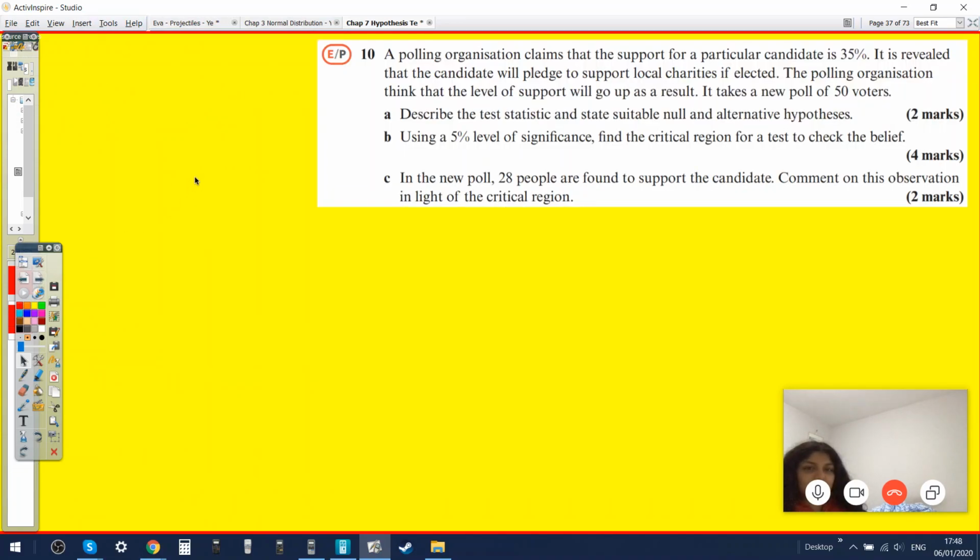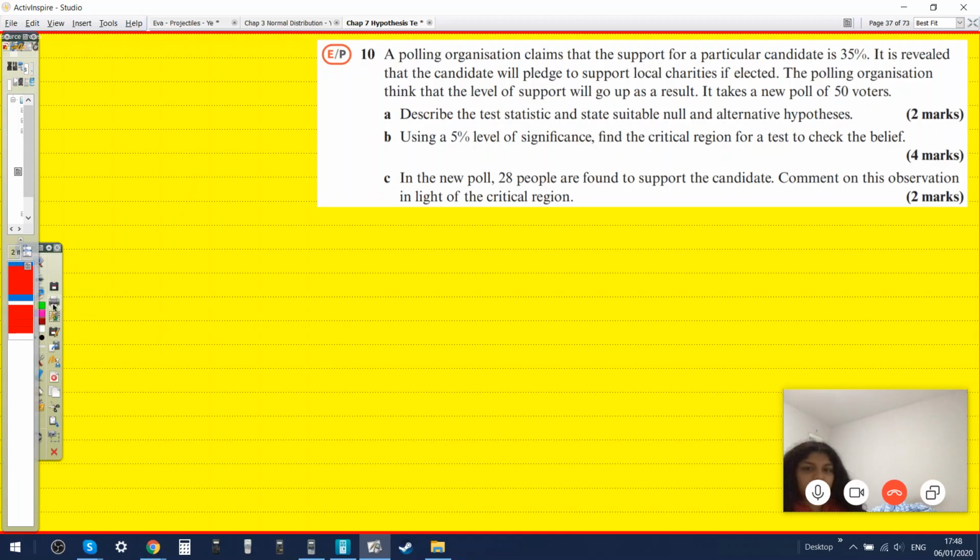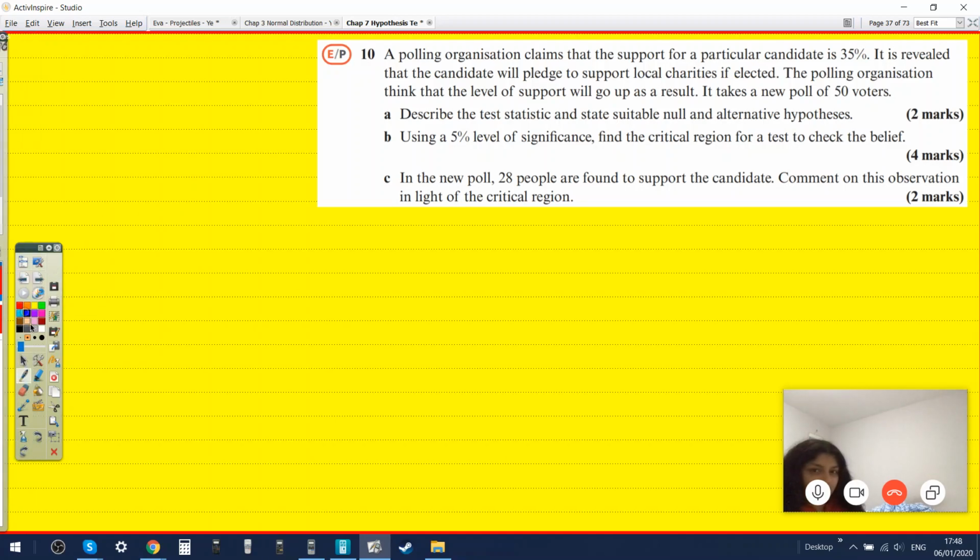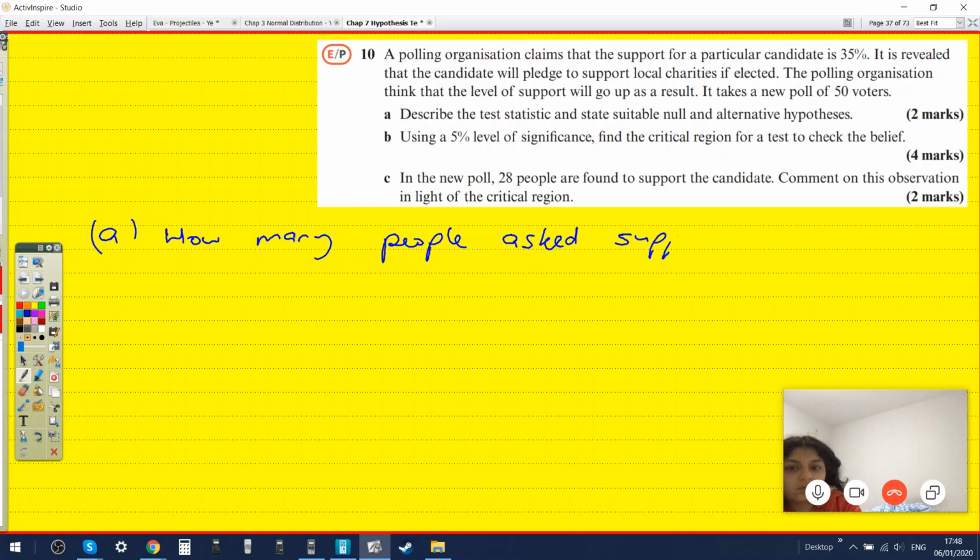Try this one. I won't help you at all, and I'm sure you'll get it fully right. The test statistic is how many people support the candidate. Okay, go on.